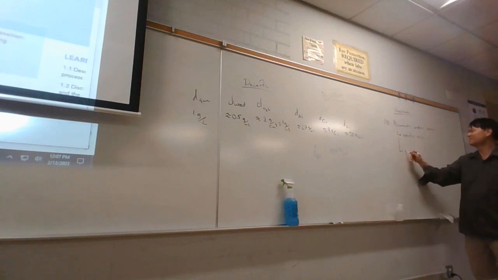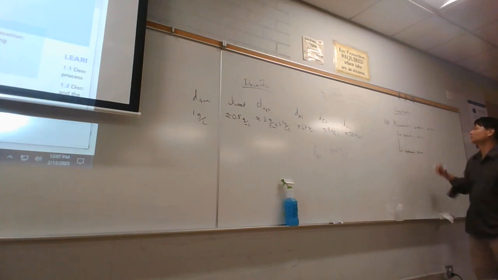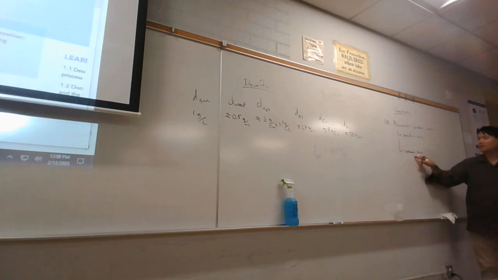And then we have something called systematic error. Systematic error, this in theory we can eliminate. This one is we can minimize but cannot eliminate.